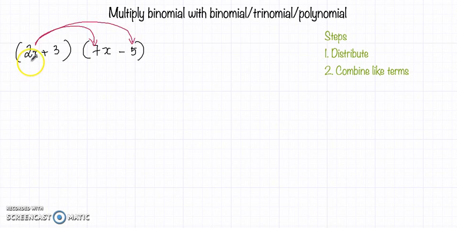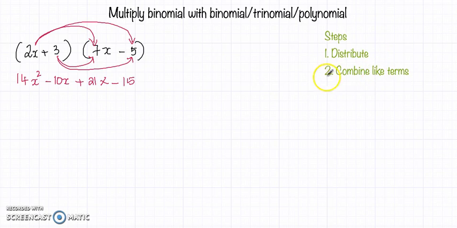Okay, so 2 times 7 is 14, x times x, you have x squared altogether. Now you take 2x and give it to the second term in here. 2 times negative 5 is negative 10, and then you have the x, so you leave the x there. Now you take this second term in here, positive 3, and you distribute it to each term in here. 3 times 7 is 21, and then you have x. 3 times negative 5 is negative 15. That's the first step, you distribute.